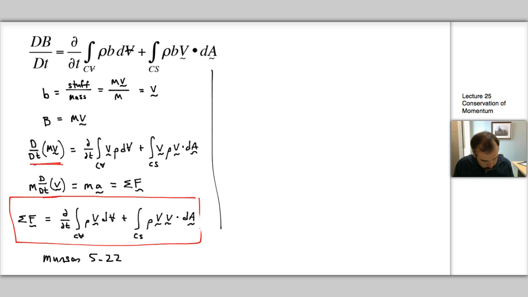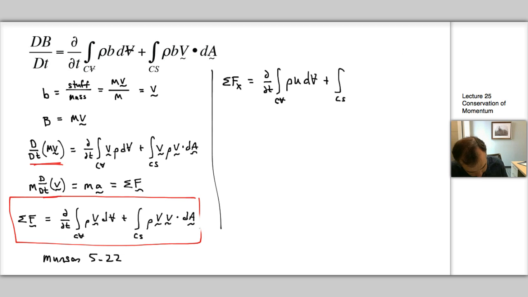The sum of the forces in the x direction is equal to d over dt integral over the control volume of rho u dV plus the integral over the control surface of rho u v dot dA.